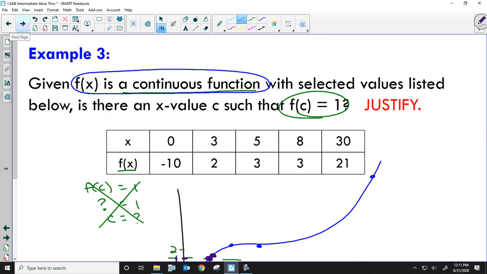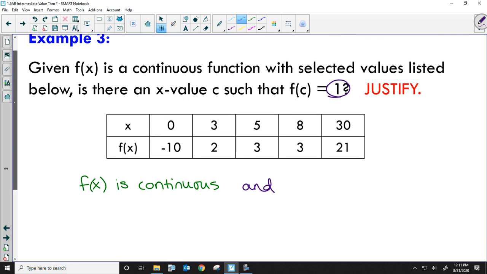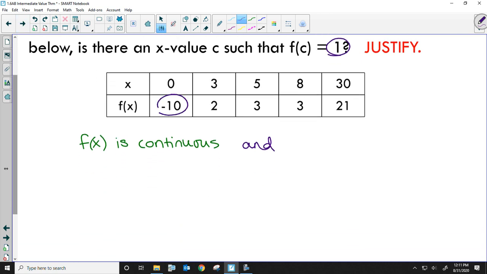So those are the endpoints that I need to call out, these 2 right here. So say where they came from, right? So this is f of 0, which is equal to -10. And then that's less than or equal to, this is my n value, and that's less than or equal to f of 3, which is what gives me 2 as that output value.